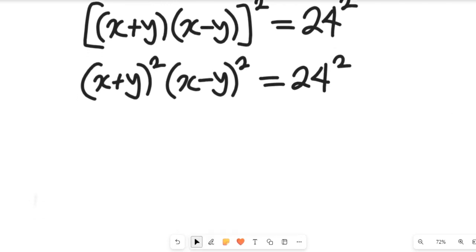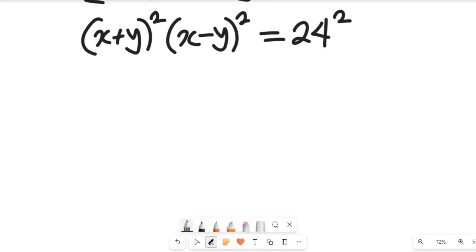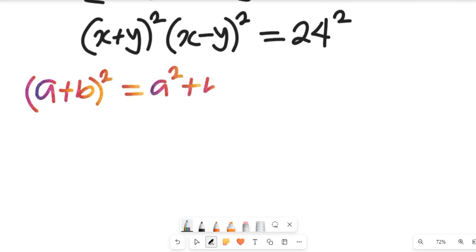I want us to consider an algebraic law. Remember, I said we'll be using a series of algebraic formulas in solving this. If you have a plus b all squared, this is equal to a squared plus b squared plus 2ab.